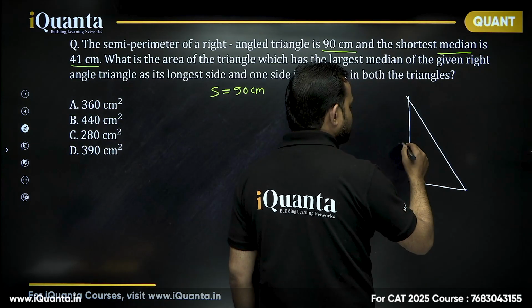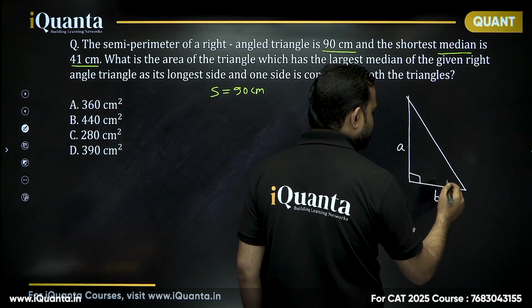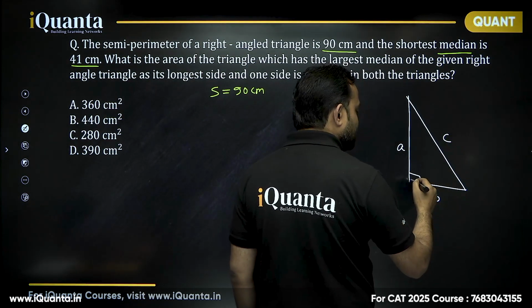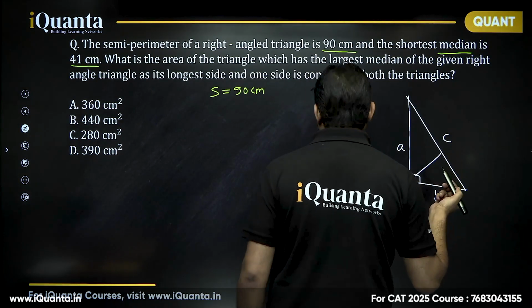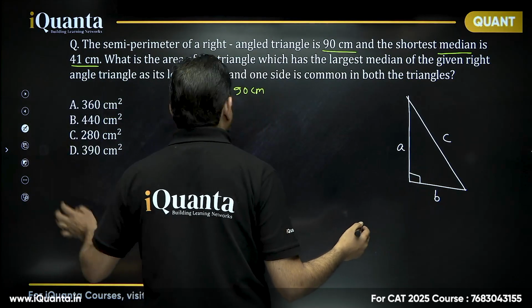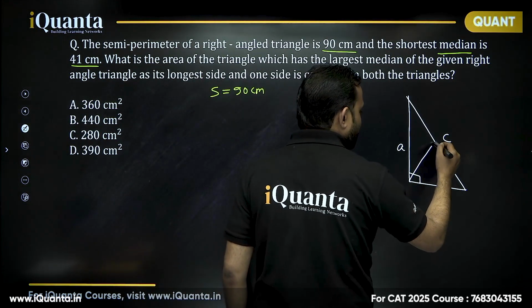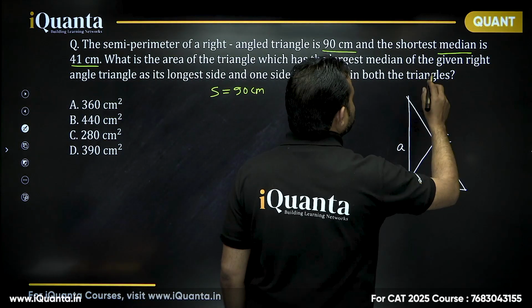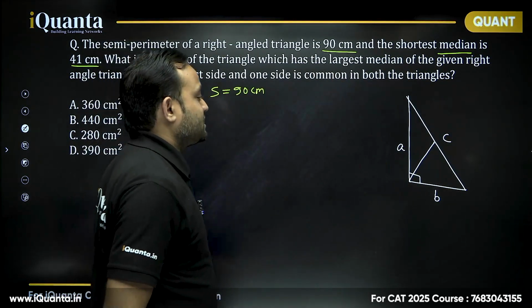Okay, this side length is A, this side length is B, and this side length is C. Then the shortest median will be on the largest side length. Now the largest side length is nothing but the hypotenuse. So it says the shortest median is 41 centimeter.